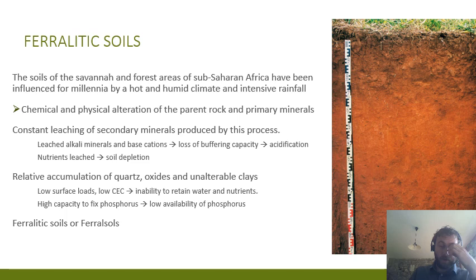The first example that we find a lot in sub-Saharan Africa is the ferralitic soil, which we find mostly in savanna and forest areas. There, the soil has been influenced for millennia by a hot and humid climate and by intensive rainfall. And due to this, a chemical and physical alteration of the parent rock and primary minerals occurred.